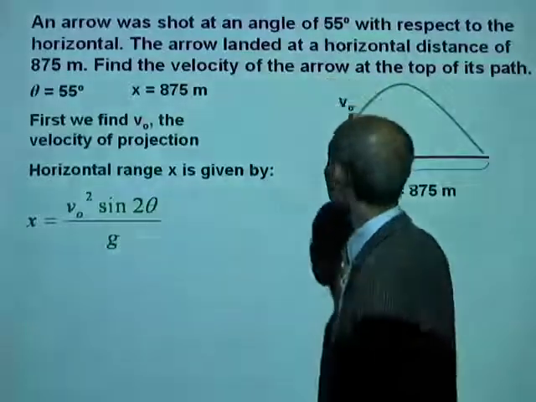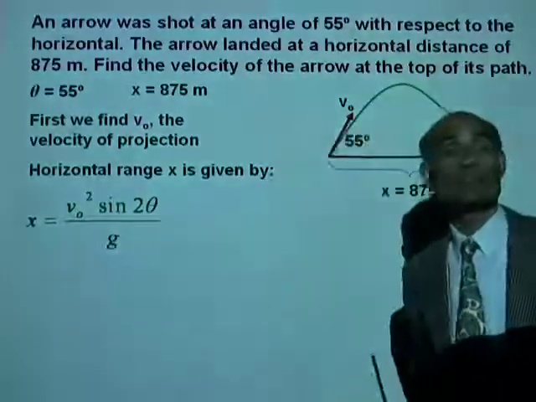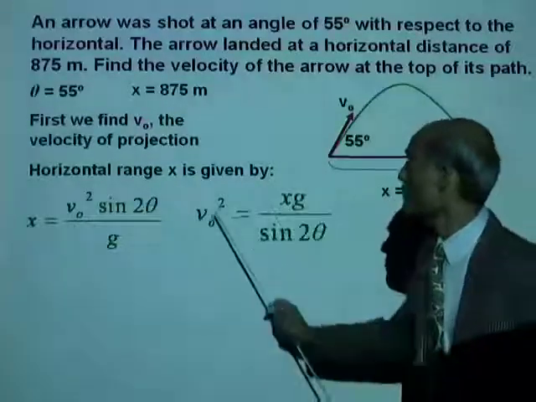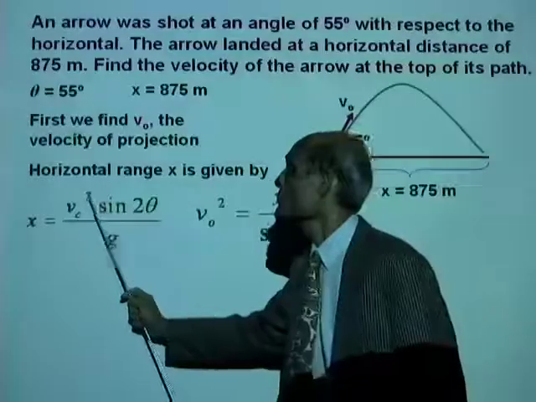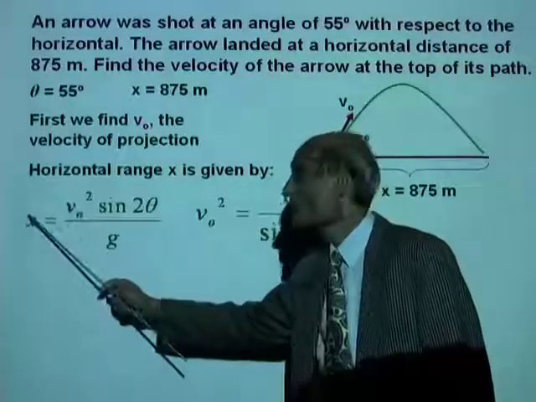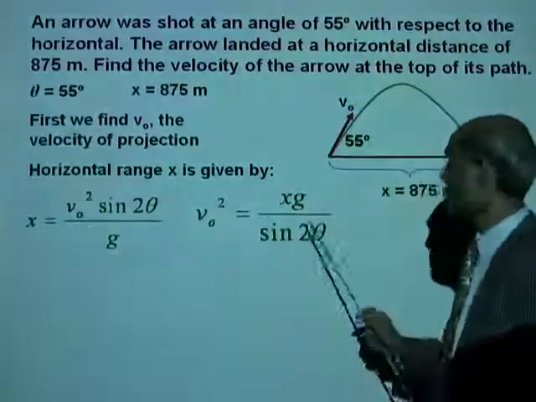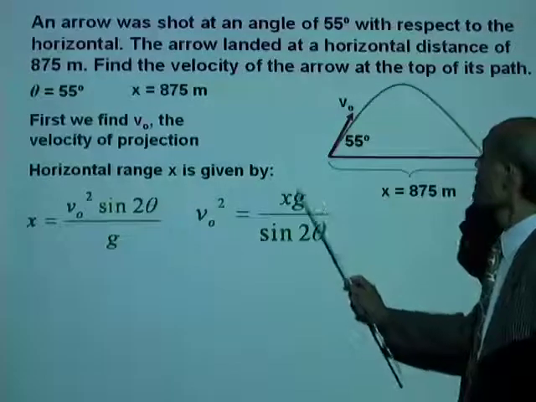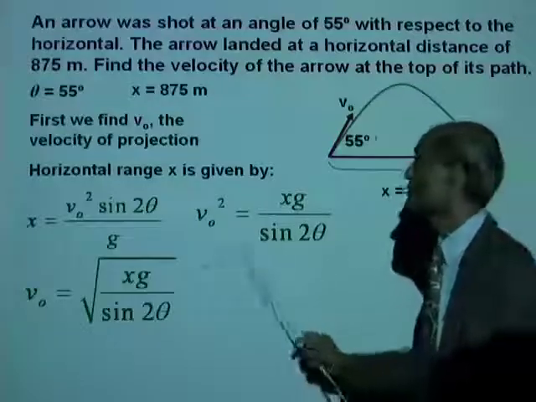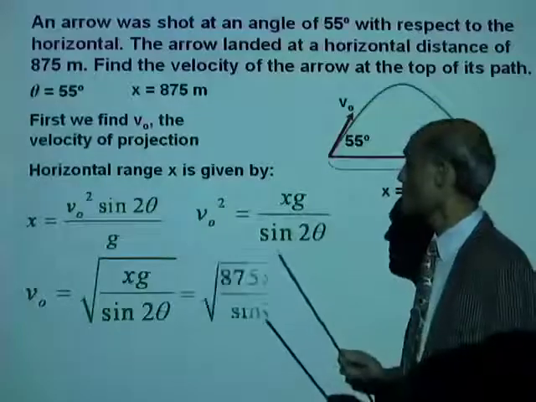Well, we know theta, we know G, we know X. You see? And so, it's easy now. So, solve for V0 squared. V0 squared equal to x times G divided by sine of 2 theta. There you are. Now, X is known, G is known, theta is known. We use all those values and calculate V0 equal to square root of that quantity.